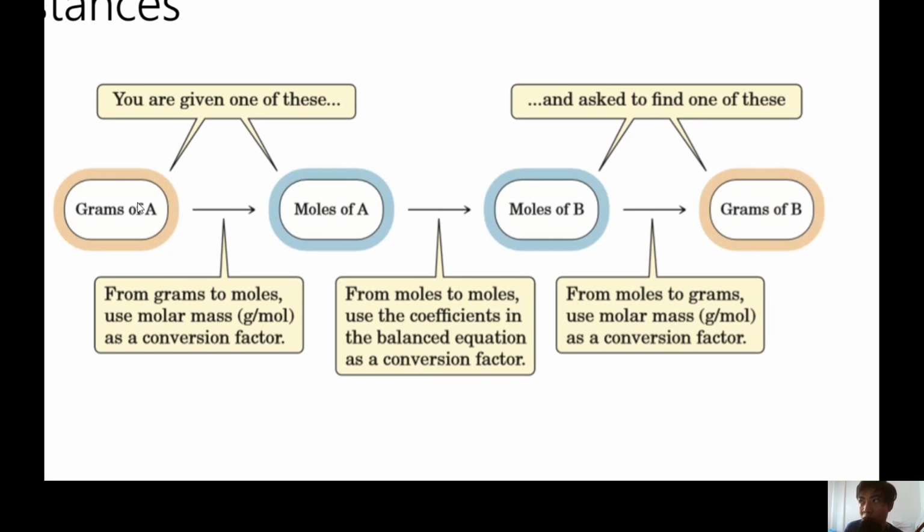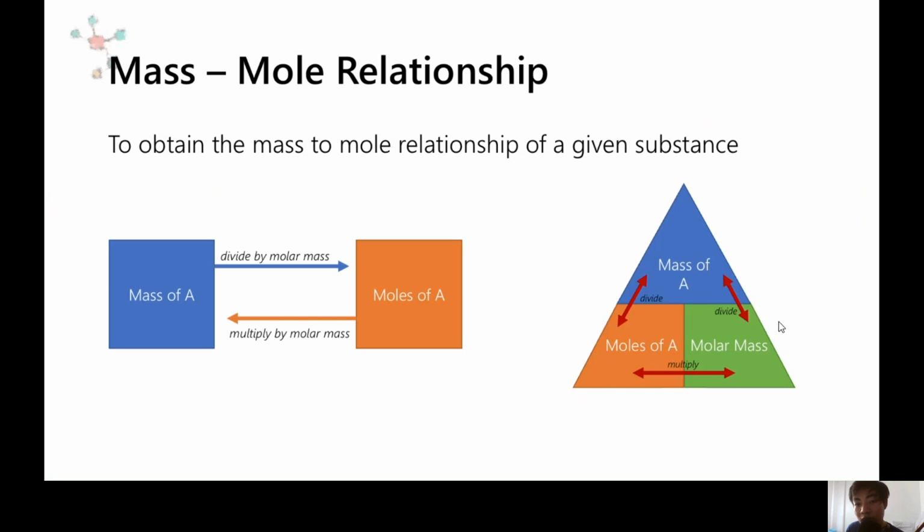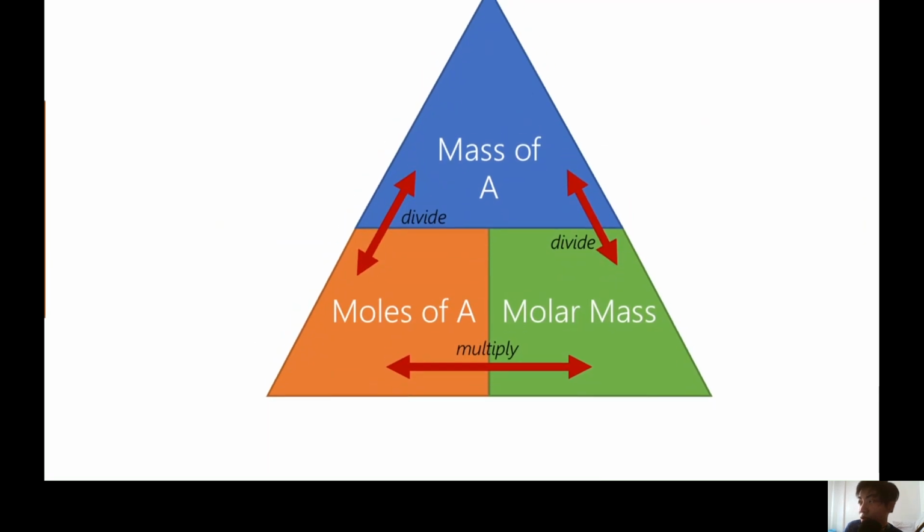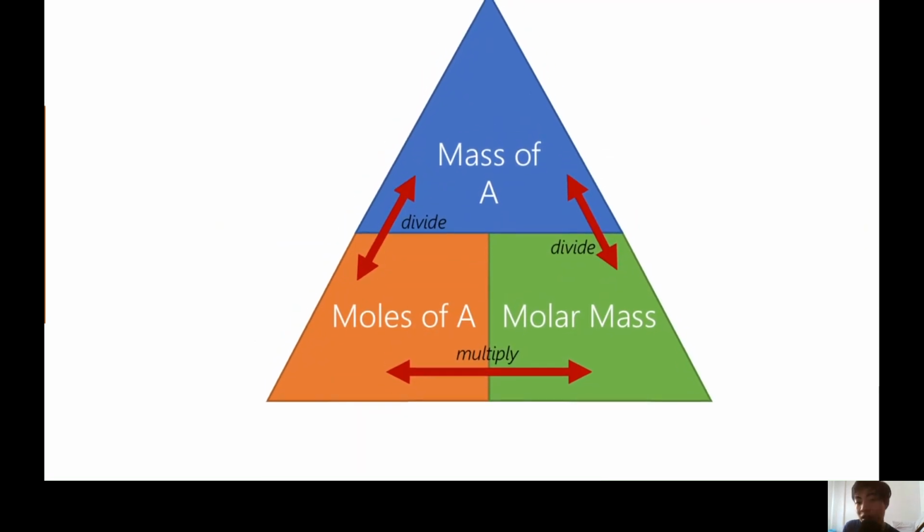Then the rest, itong grams to moles, this is the mass-mole relationship lang. So in the mass-mole relationship, ang kailangan nyo lang malaman ay yung triangle ng relationship ng mass, ng mole, and then the molar mass.